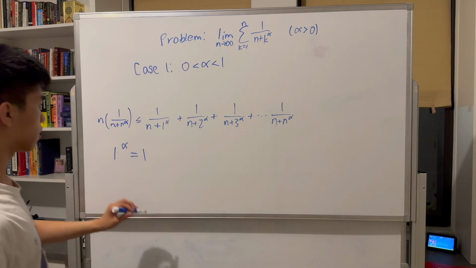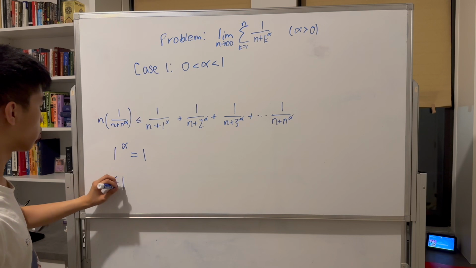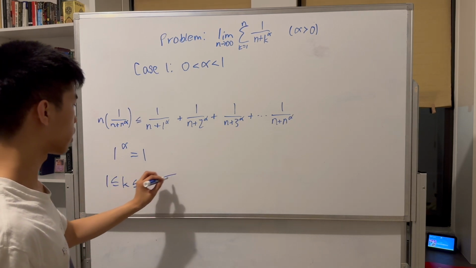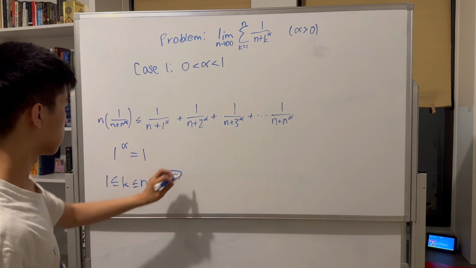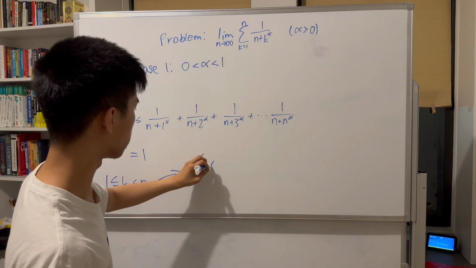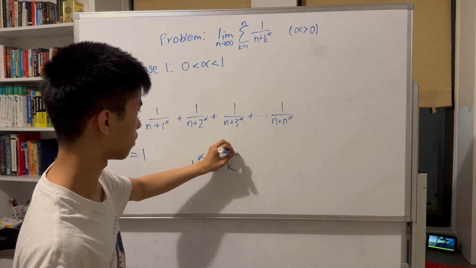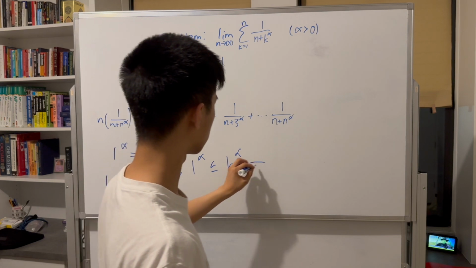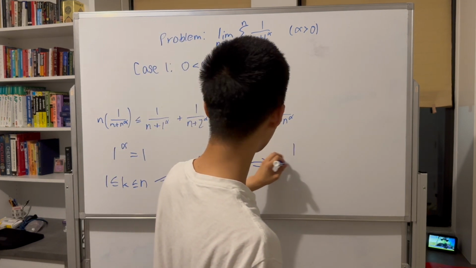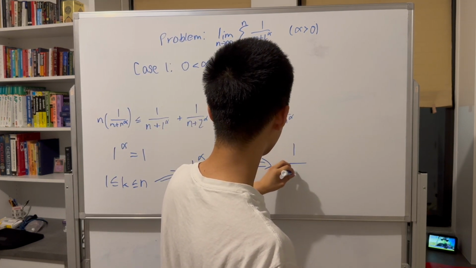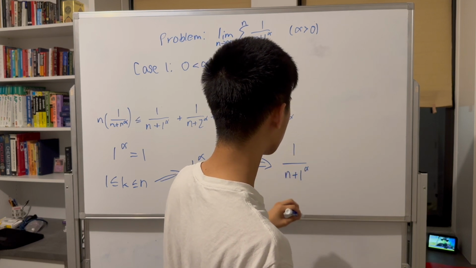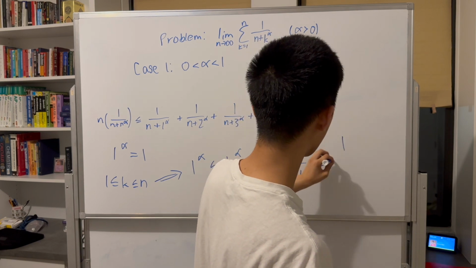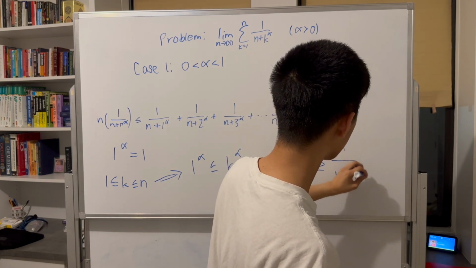And since k is in between 1 and n inclusive, we know that 1 to the alpha is always equal to or less than k to the alpha. So in other words, 1 over n plus 1 to the alpha, or just 1 over n plus 1, is equal to or greater than 1 over n plus k to the alpha.